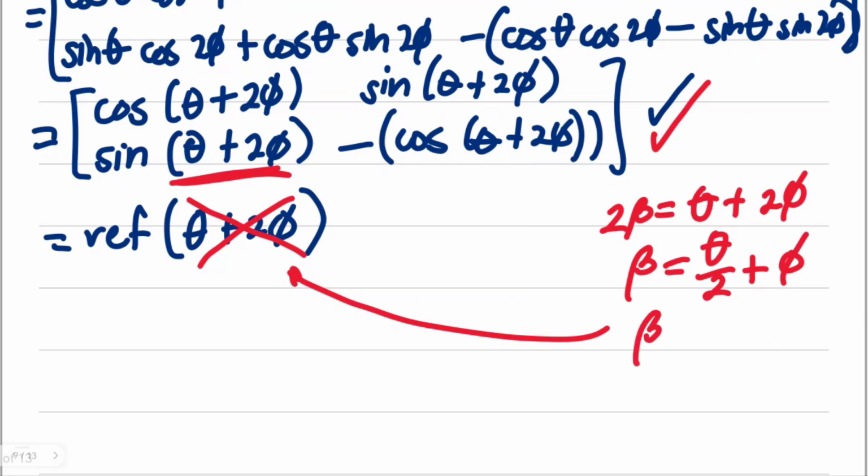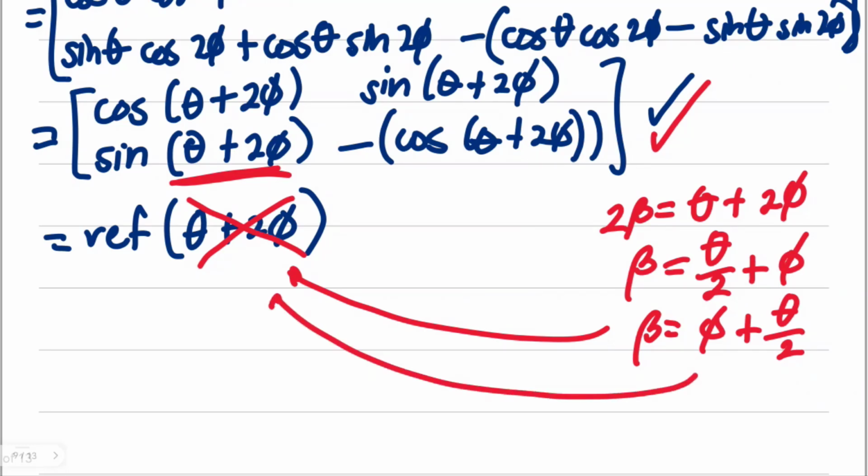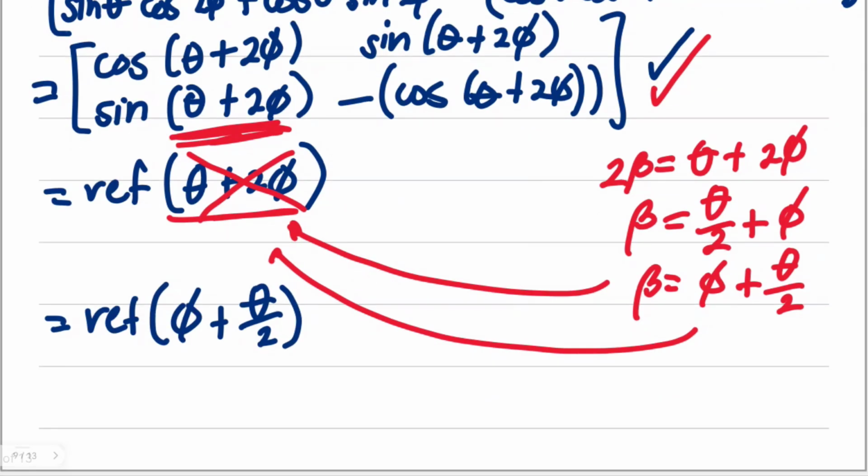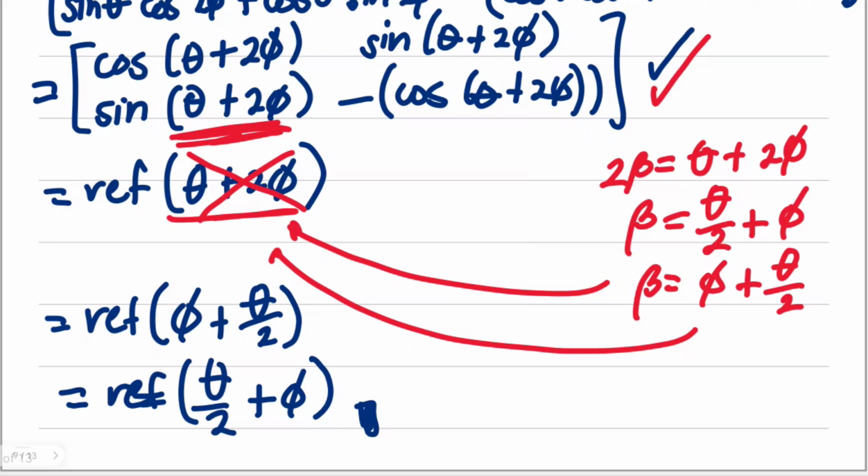You can rewrite this as well just to fit with our intended output. So that's what we need to place here, not this angle because that's twice. In short, the final form here is the reflection of your phi plus theta over 2, or of course, you could also write this as theta over 2 plus phi. We have shown this identity to be true.